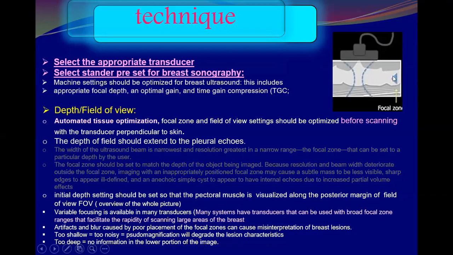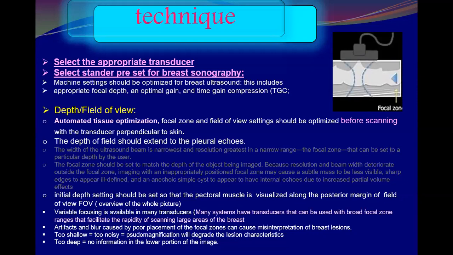When we put the focal zone, that means we target the lesions in the narrower zone of the image of the transducer to improve lateral resolution and avoid what? The volume averaging.